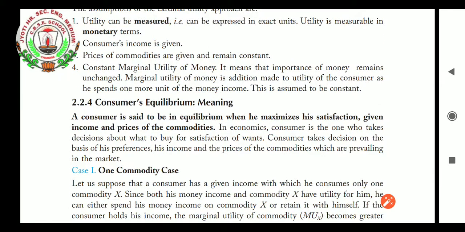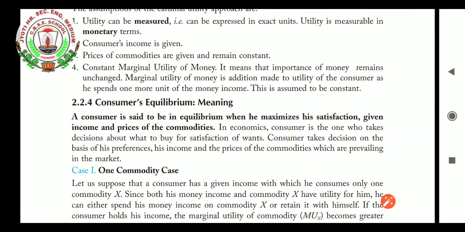Consumer's equilibrium, meaning. A consumer is said to be in equilibrium when he maximizes his satisfaction given income and prices of the commodities. So he always matches the price of the goods with the income level, and thus increases his satisfaction level by consuming more and more units of the same goods.